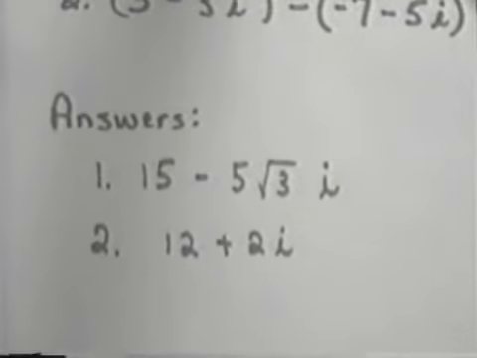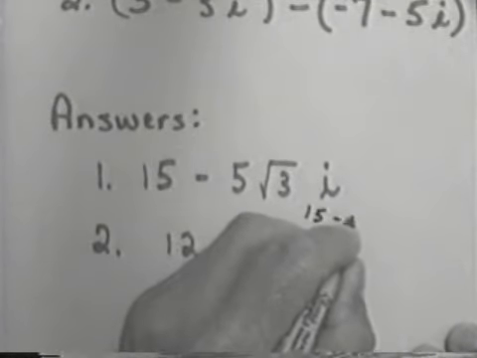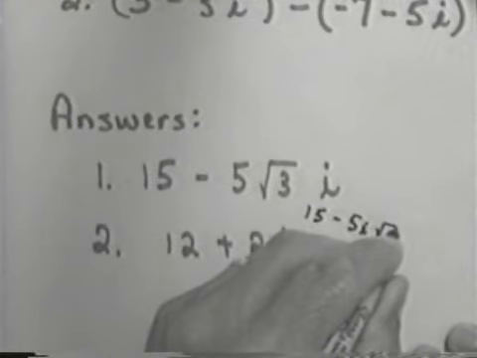Here are the answers. The answer to the first one is 15, subtract 5 times the square root of 3i, or you could have written it as 15 minus 5i times the square root of 3.